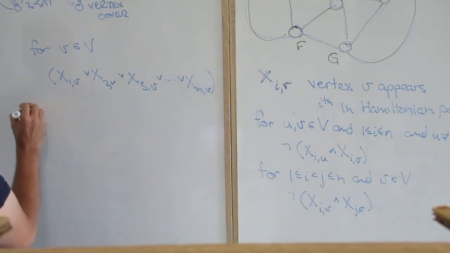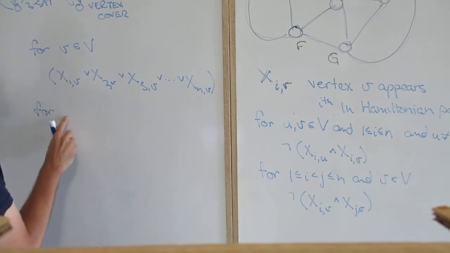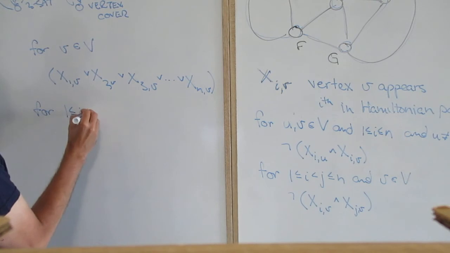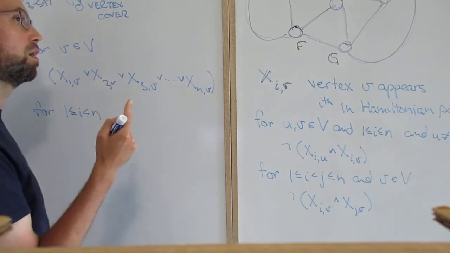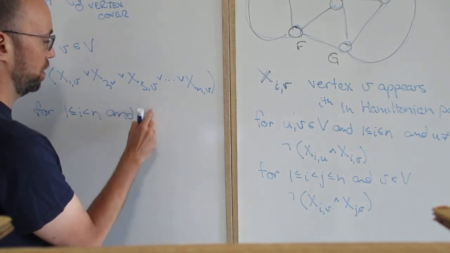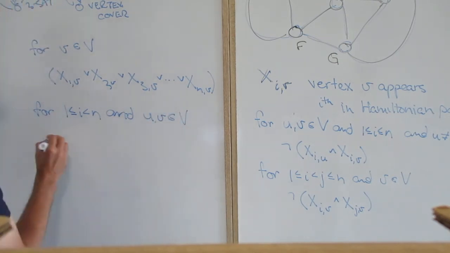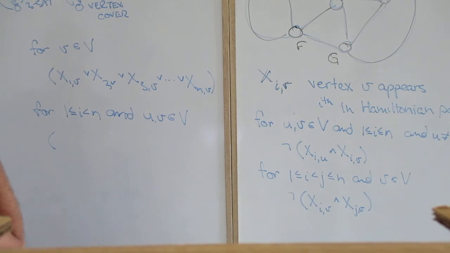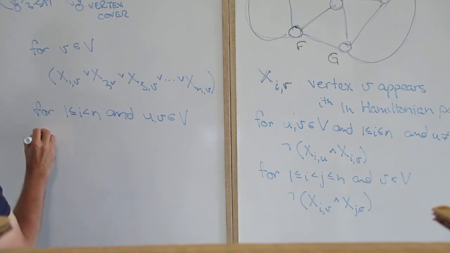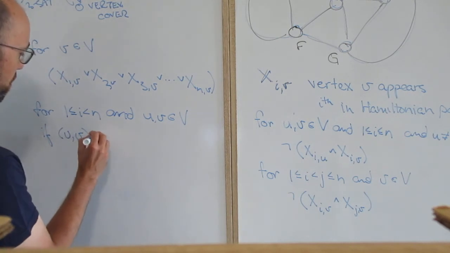we go through and for 1 less than or equal to i less than n, and u, v in V, if uv is not in the edge set, then not x_i u and x_{i+1} v.